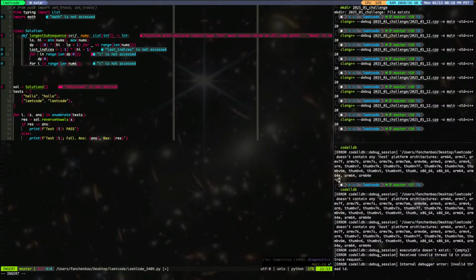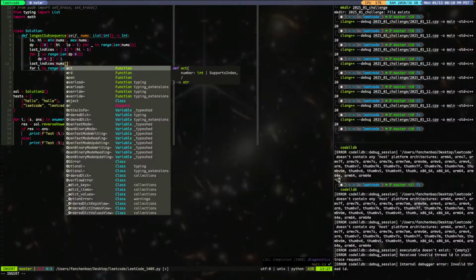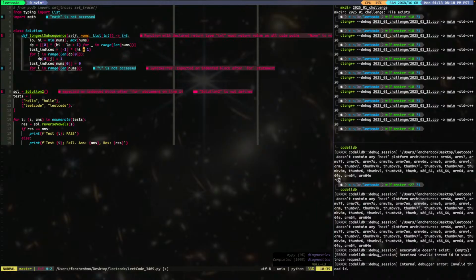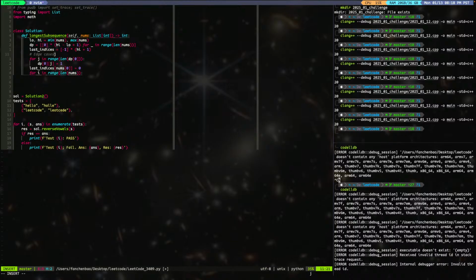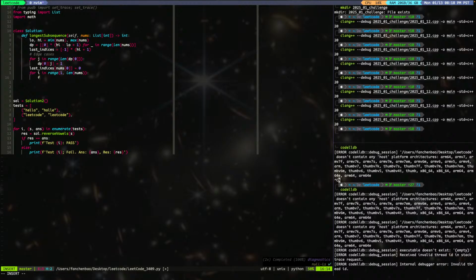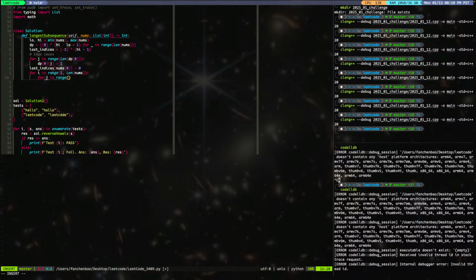Let's call it j. They will call this edge cases. Okay, from 1 to the end, but j in range 0 to maximum, which is going to be high minus low.